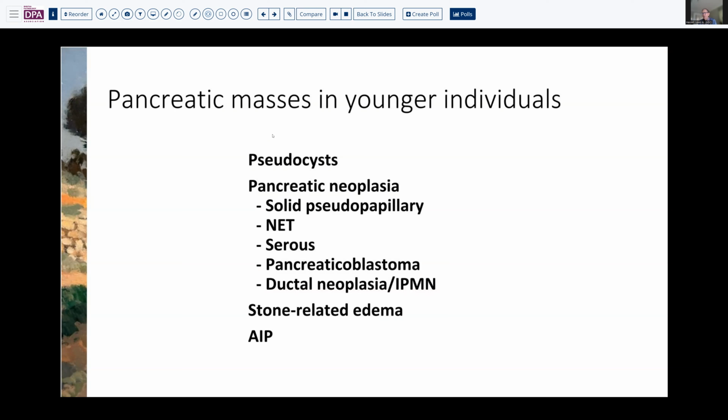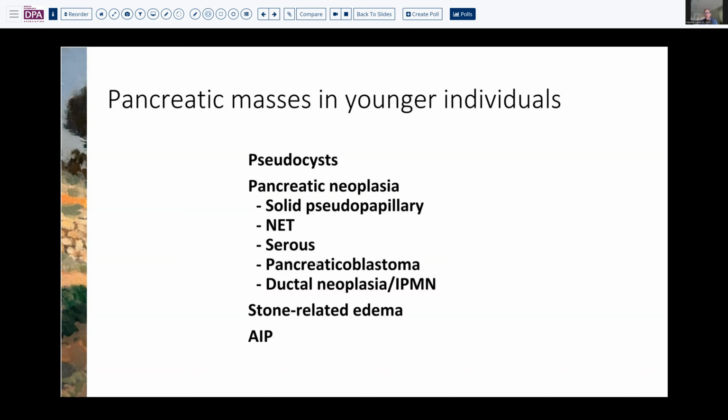Serous neoplasms, of course, usually are indolent and don't grow and progress to obstruct the ducts. Pancreaticoblastoma usually is much younger patients. And then, of course, there's the incipient neoplasms, the in situ intraductal papillary neoplasias and related ductal carcinomas that can at times develop in younger individuals.